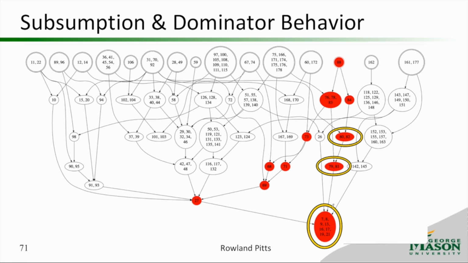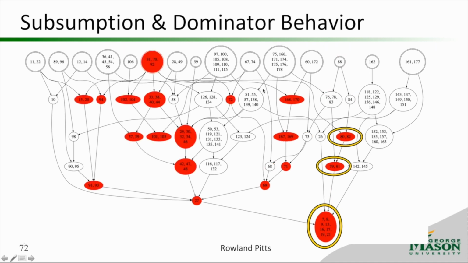Alternatively, go back to these three that we targeted a minute ago and realize that those are subsumed by other routes as well. This dominator node here subsumes quite a bit, kind of mixed all around the graph.